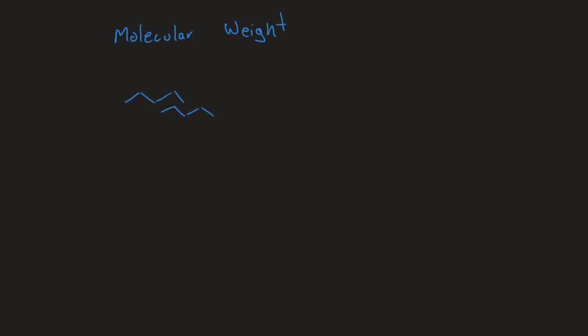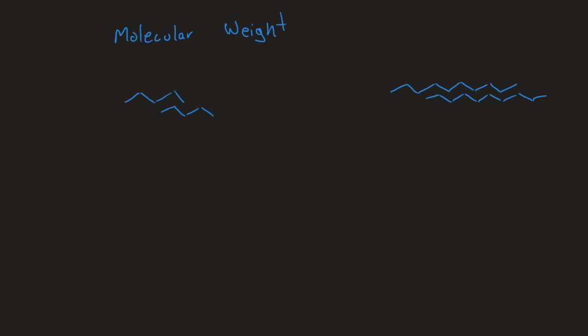And let's think about, let's say decane, a carbon-containing molecule that has 10 carbons. So that's 5, 6, 7, 8, 9, 10. And maybe they stack a little bit like so.